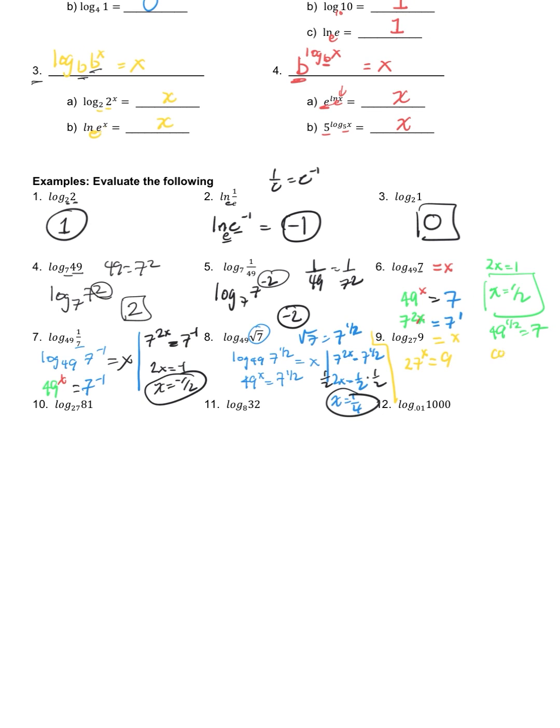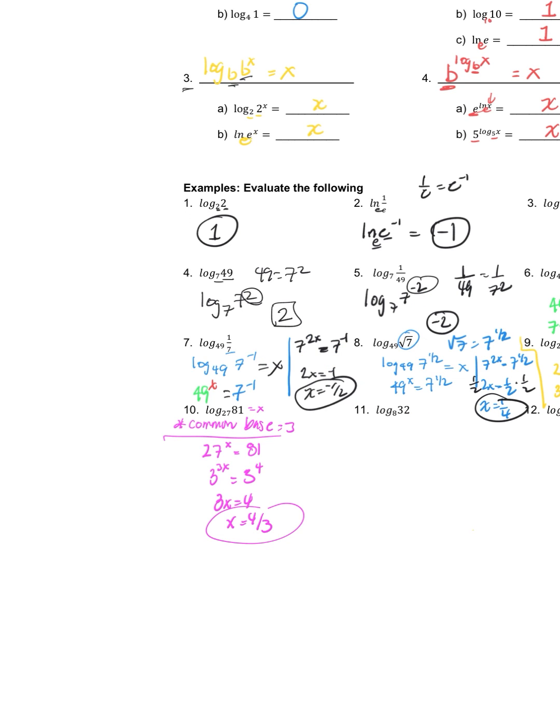This is 3 cubed to the x, and then 3 squared. Set the exponents equal to each other: 3x equals 2, so x equals 2/3. Try number 10 and check your answer back in a second.